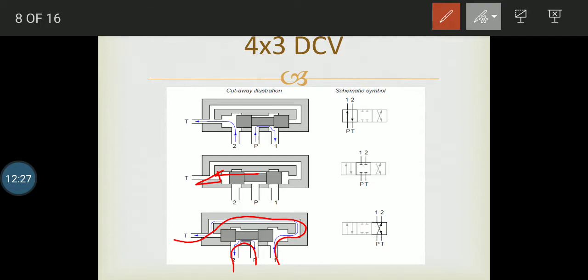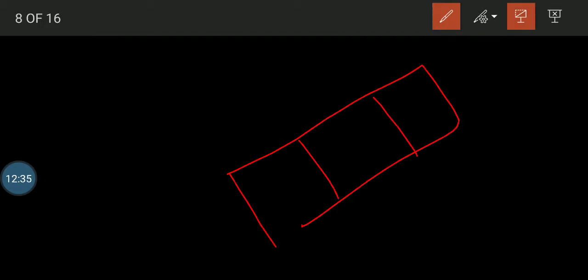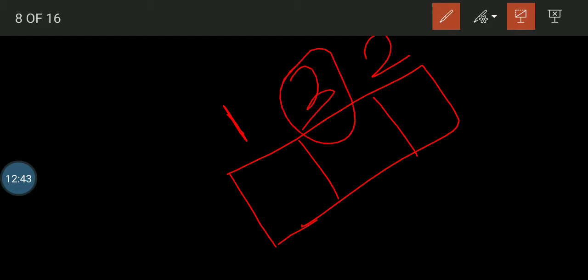This is the motion of the piston. Also one more thing, when I have divided the symbol into 3 parts, the numbering of the sections will be section number 1, section number 2 and section number 3. The middle one will be section number 3.